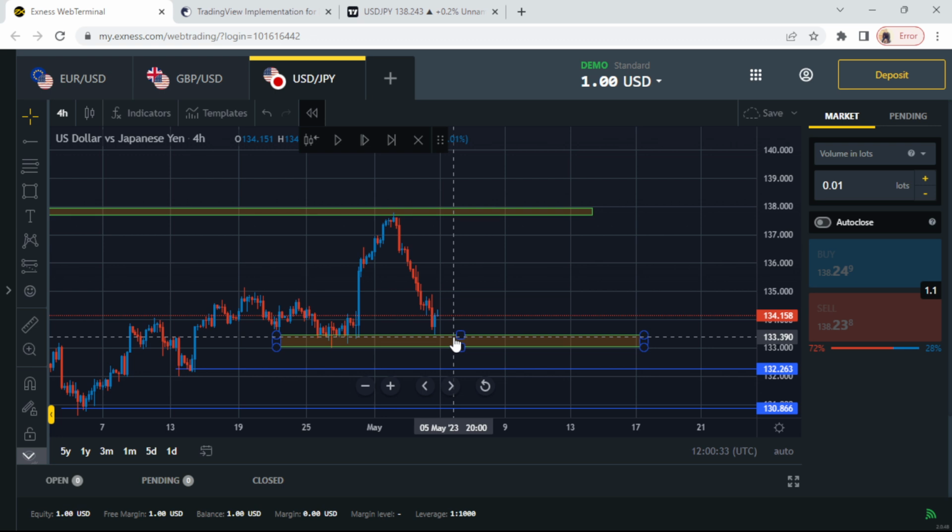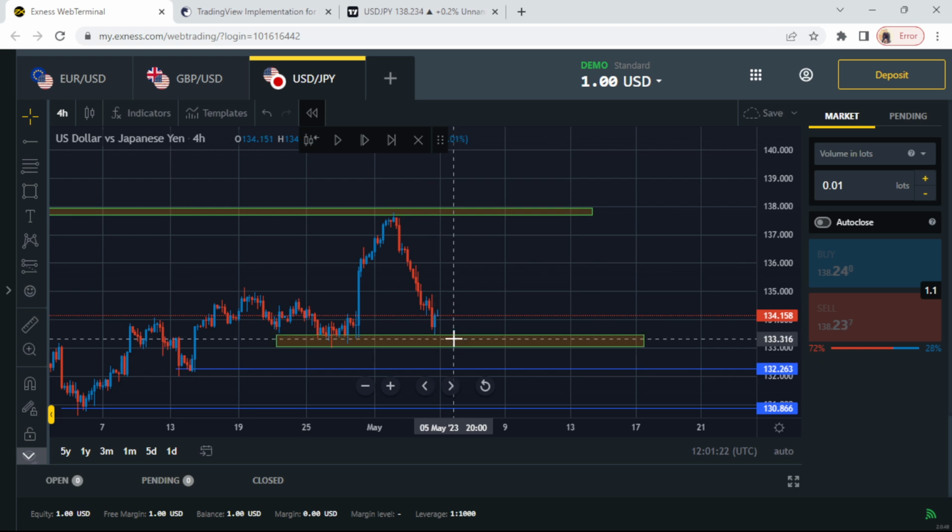The price can come to this zone, test this zone. A wick can even pierce through this zone, but I don't want to see a wick closing below this zone. If a wick closes below this zone, I will say, okay, now I no longer have this zone. This support zone is no longer valid.